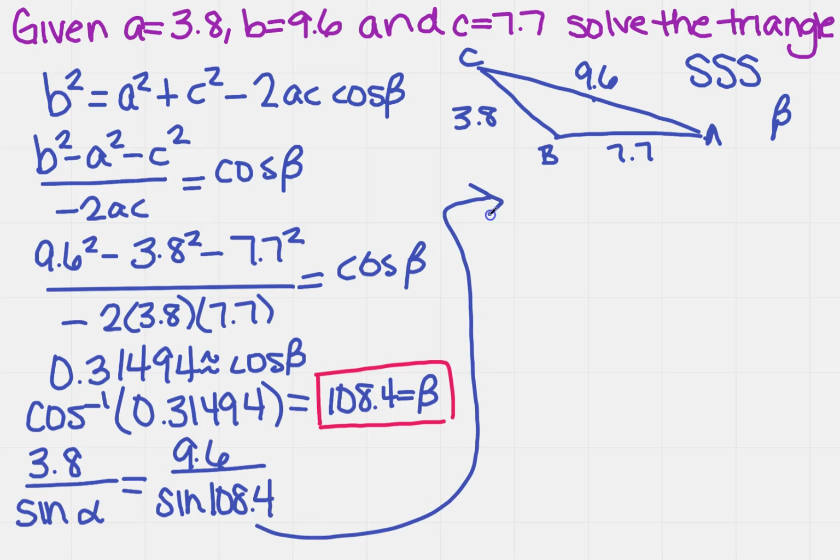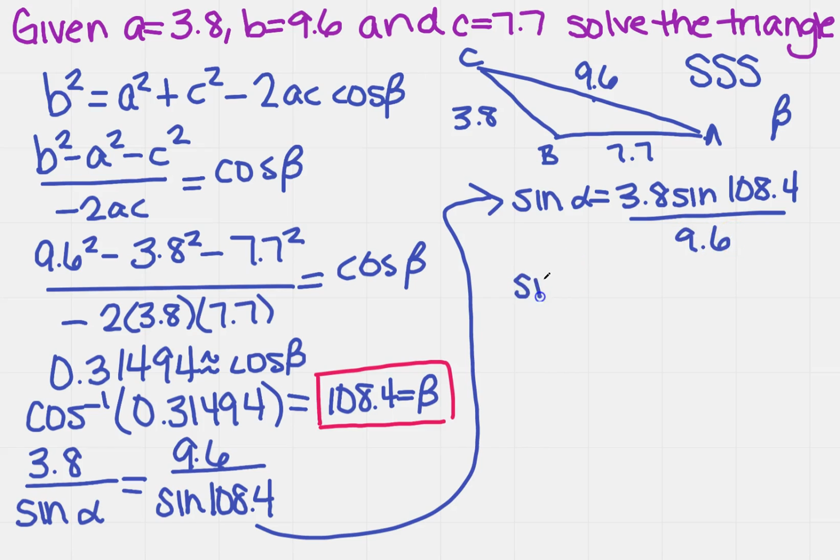So I'm going to come up over here, and I'm going to get the sine of alpha equals 3.8 sine 108.4 divided by 9.6. And when I do that on the calculator, I get that the sine of alpha equals 0.3756.